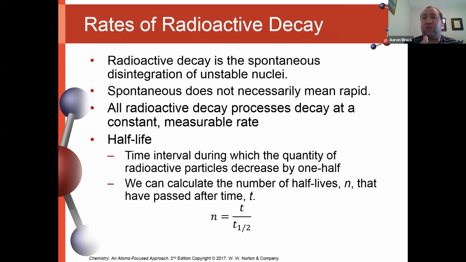So let's say that I have a 50-gram sample of my radon 222. The half-life would be how long does it take for 25 of those 50 grams to actually decay. And what's interesting about half-lives and nuclear decays is that the half-life is consistent regardless of the amount of sample present.